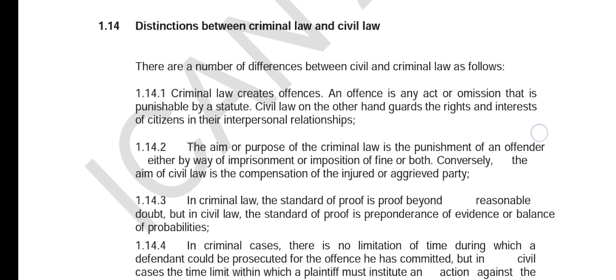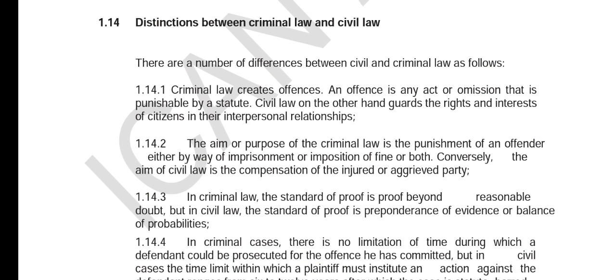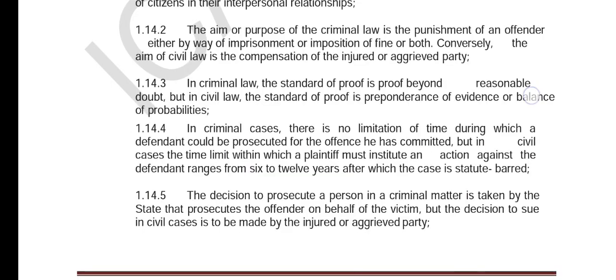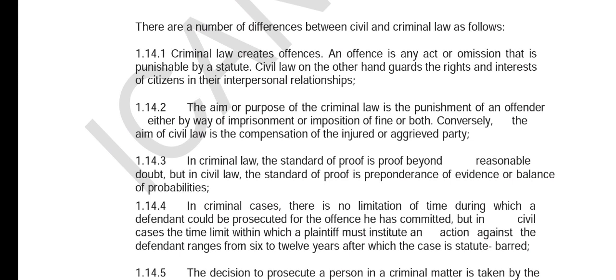Now, I'm going to quickly look at the distinctions between criminal law and civil law. First off, the main parties in criminal law are the state and the accused person. Under this heading, criminal law is a law that creates offenses, and then there are punishments for those offenses.